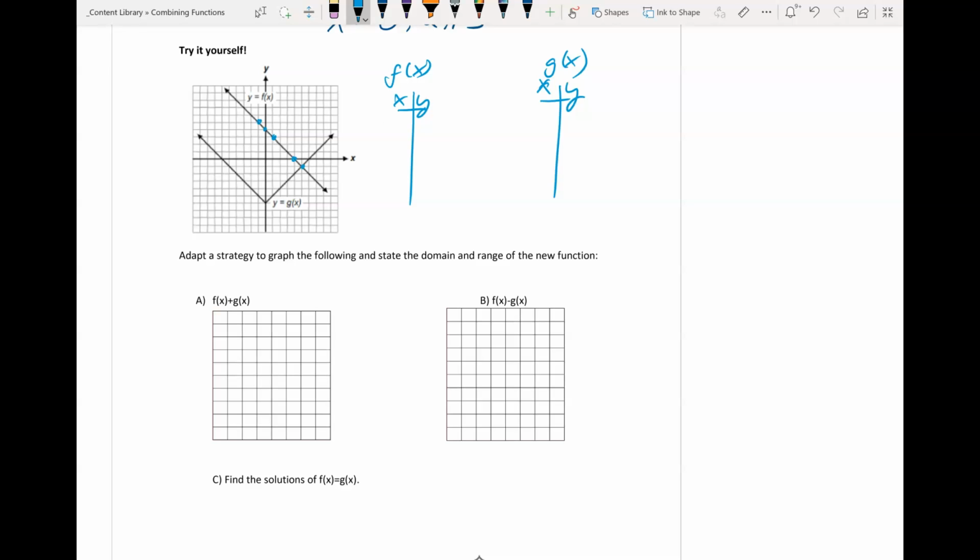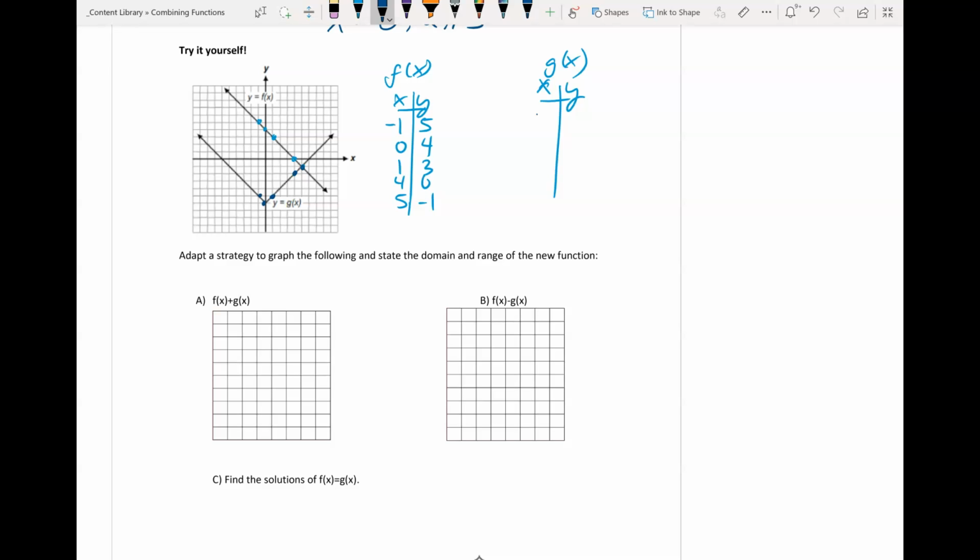So we have -1, 5, 0, 4, 1, 3, 4, 0, and 5, -1. Then we'll do the same thing, but for g of x. I'll pick this one, this one, this one, this one, and that one.